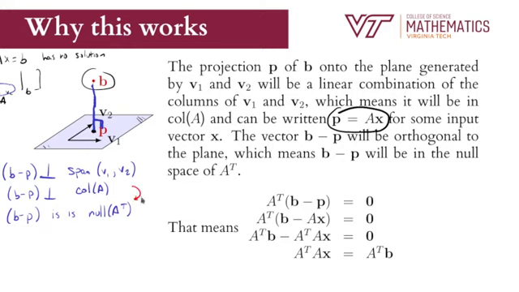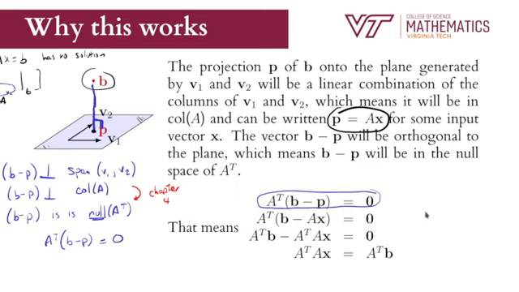This was in chapter 4: the orthogonal complement of the column space of a matrix is the null space of the transpose of the matrix. And that means that if I take A transpose times B minus P, the answer is going to be 0 because it's in the null space. It's the solution to the homogeneous equation. And so that gives us this equation here.